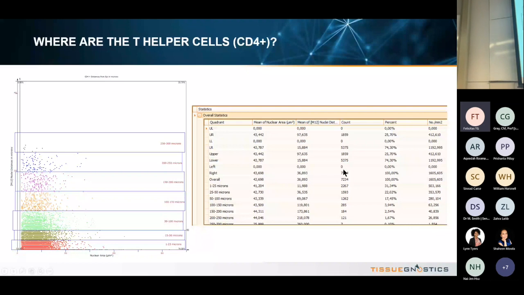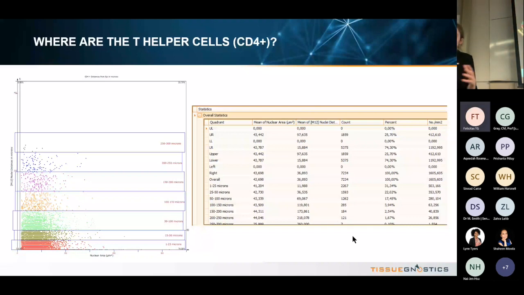In total, we detected more than 7,000 CD4 positive cells within the whole tissue section. In the range of 1 to 25 microns next to the tumor area, there are exactly 2,067, and the number decreases the farther we go away from the tumor. So it already gives us some biological meaning.